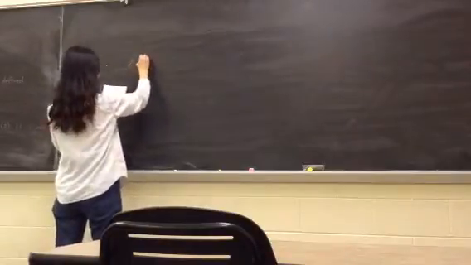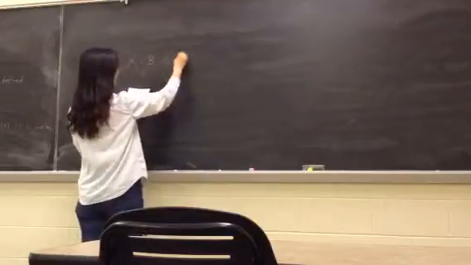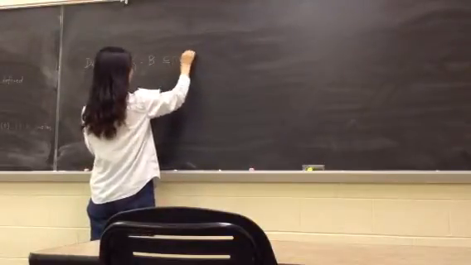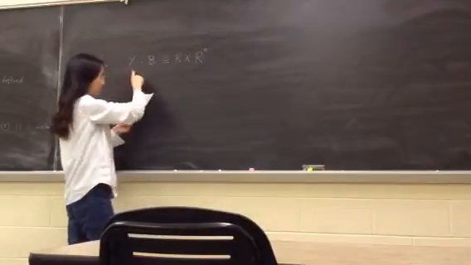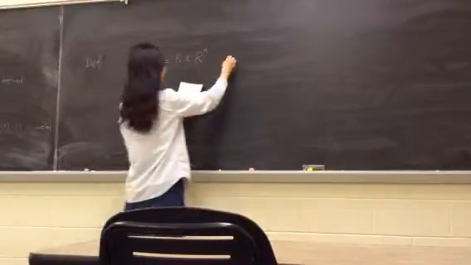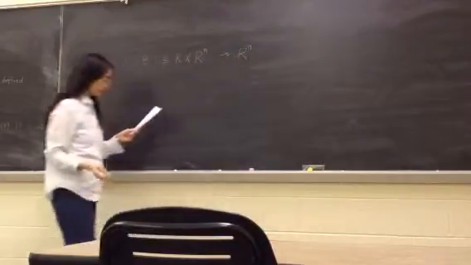Capital X, with B a subset of this, is the vector field from B to R^n.